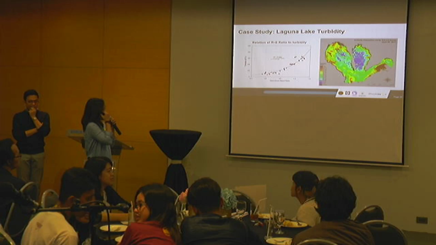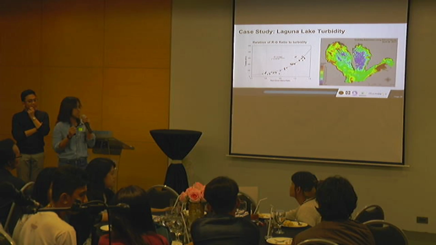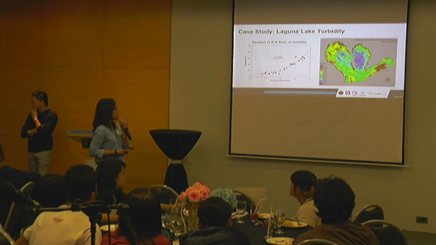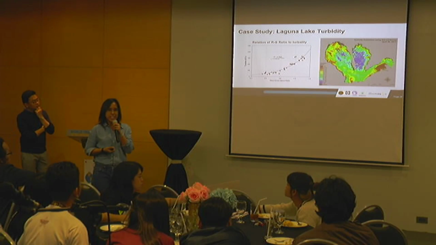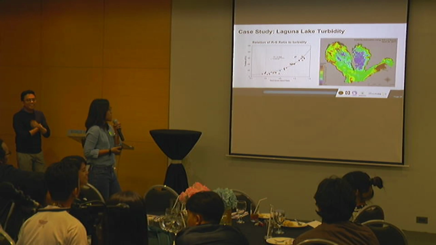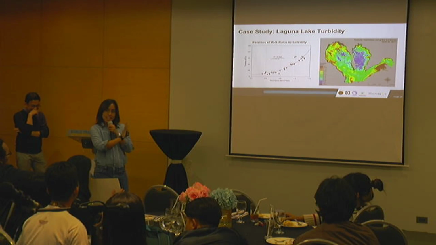I'll be showing just one example, a case study in Laguna Lake, wherein this image here is the estimated turbidity using the red and green band ratio, so red divided by green, of Laguna Lake. This image is taken by Landsat 8.